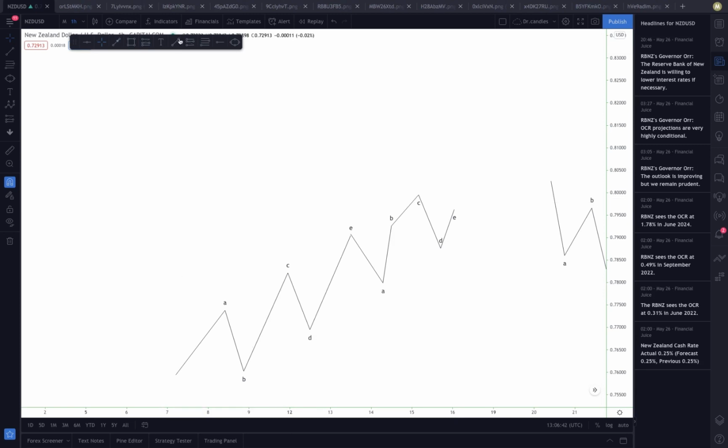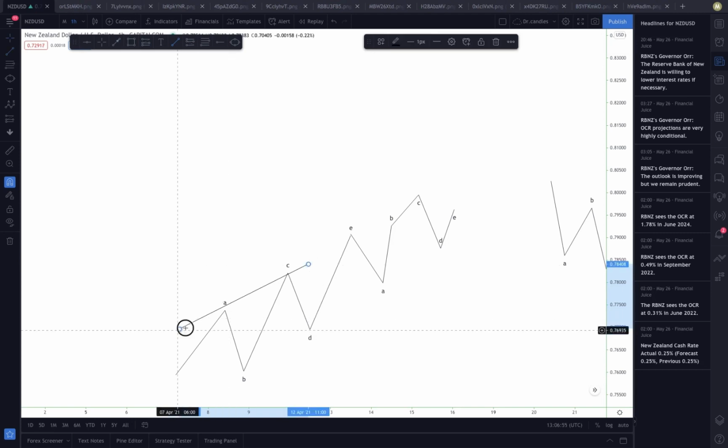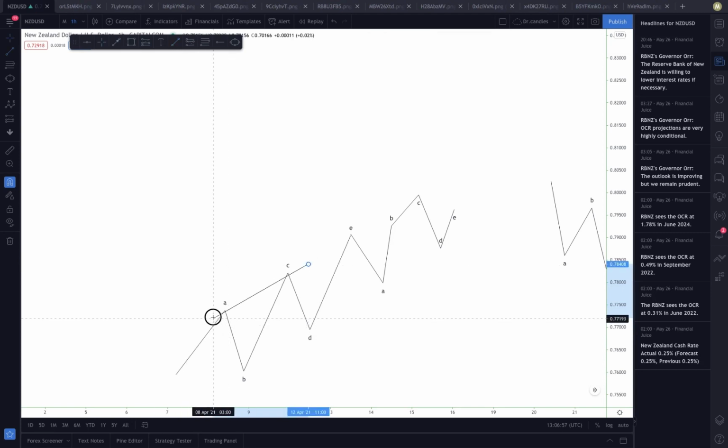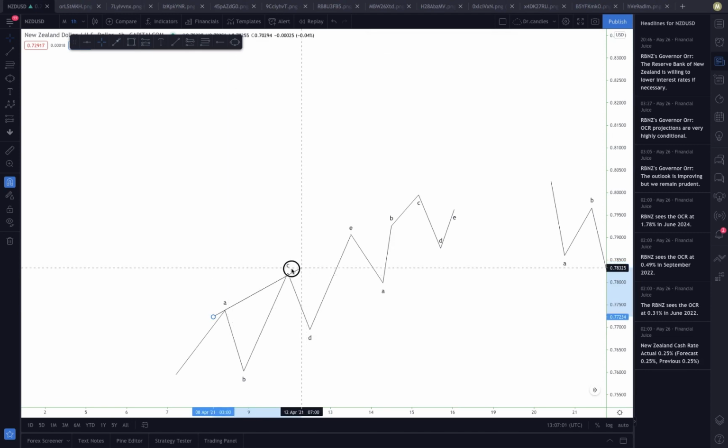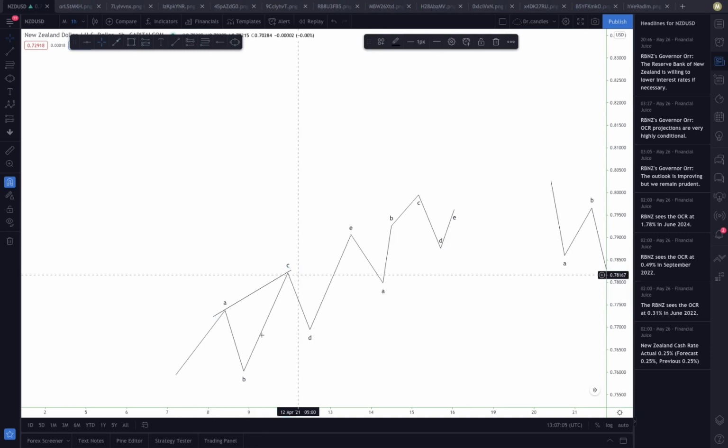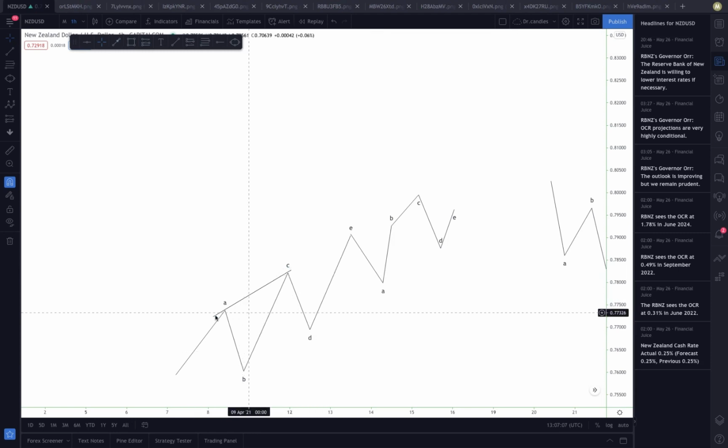Looking at this market, assuming this is a market that is trending up, we usually use a trend line to join these points. As you can see, I have joined here and then here together. Once you are able to join at least 2 points together, we say you have a trend line.